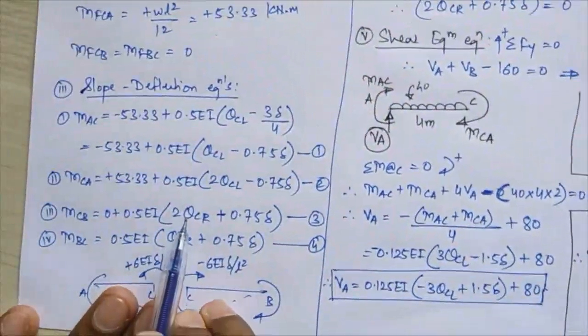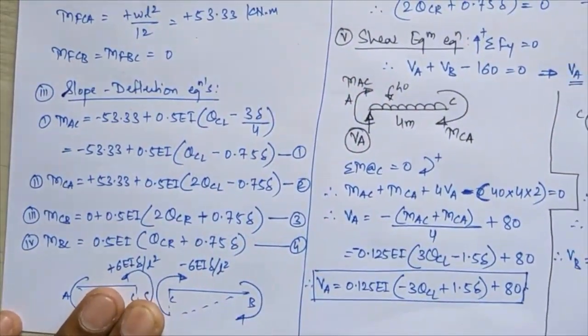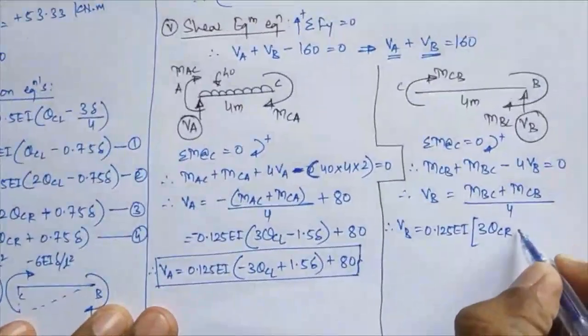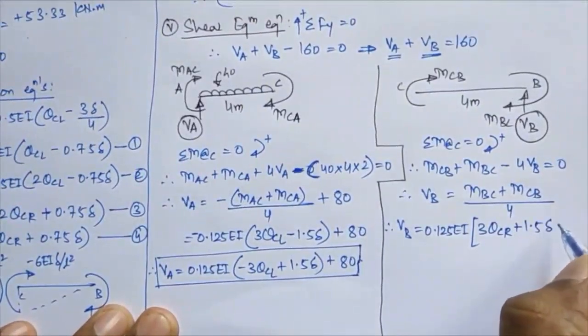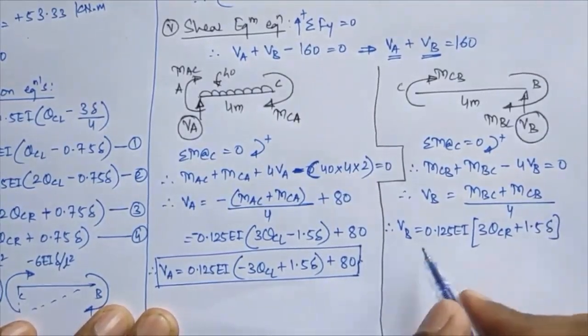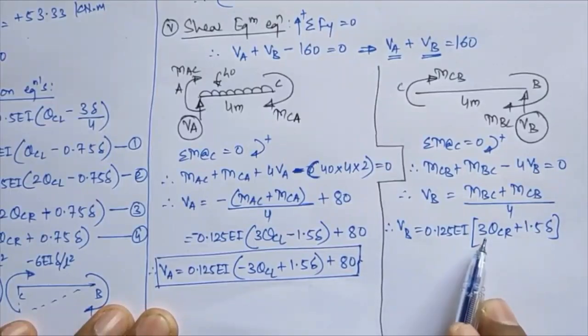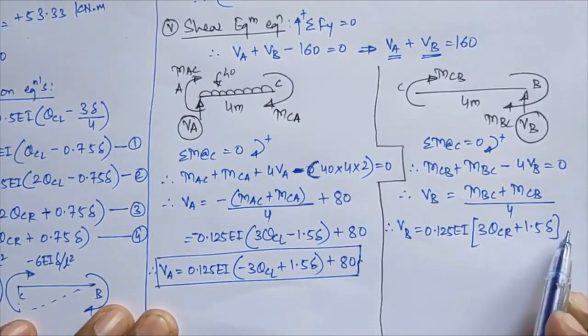Here I am having 2 theta CR plus 1 theta CR, so in total I'll get 3 times theta CR. 0.75 delta and 0.75 delta, I'll get again plus 1.5 times delta. So here the VB equation I am getting as 0.125 of EI, 3 theta CR plus 1.5 delta.